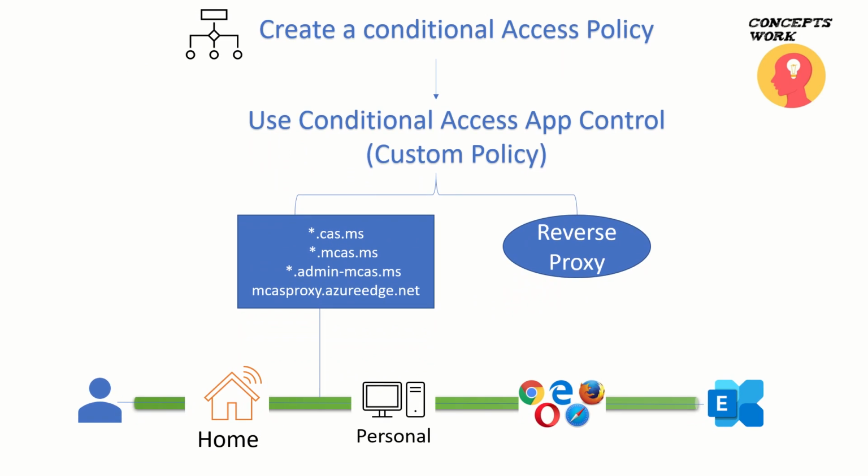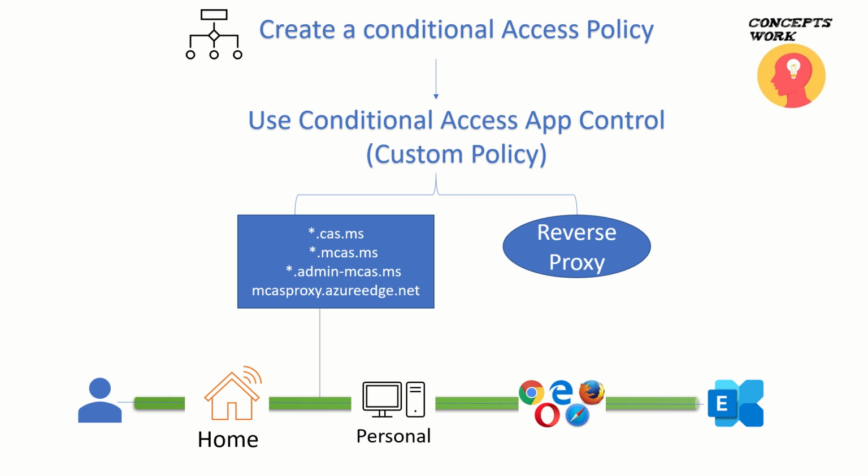And if the user tries to perform any activity which he or she is not allowed to, that particular action will get blocked. So this is how exactly session control policies work for browser-based sessions, right?